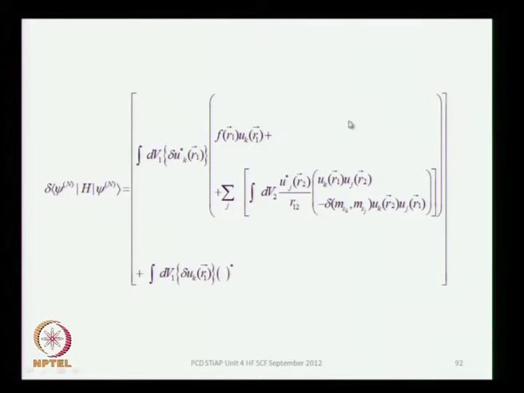So, now you have integration over v1, then you factor out the delta uk star r1, and then all the terms involving integration over r2 are in the Coulomb and the exchange terms, and you have got the complex conjugate of what is in this bracket over here.